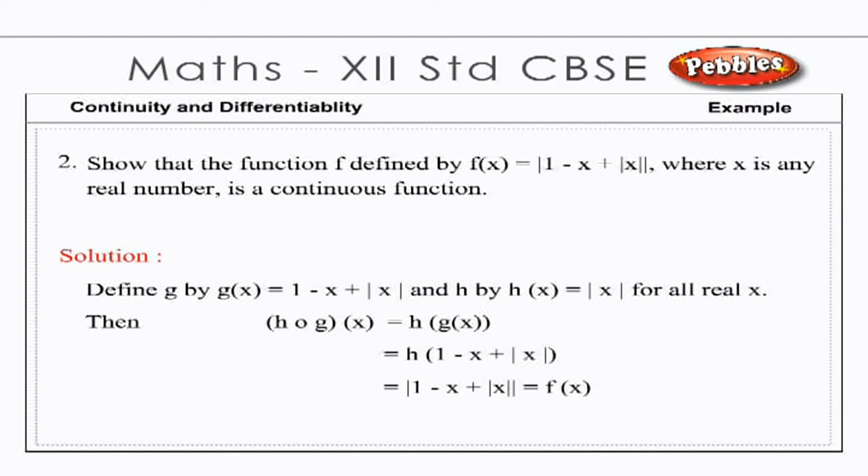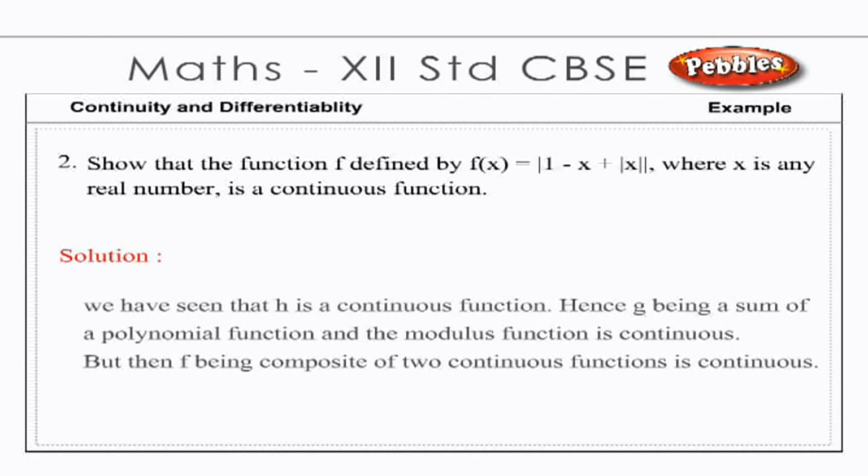Then h of g of x equals h of 1 minus x plus mod x equals 1 minus x plus mod x equals f of x. We have seen that h is a continuous function. Hence, g, being a sum of a polynomial function and the modulus function, is continuous. But then f, being a composite of two continuous functions, is continuous.